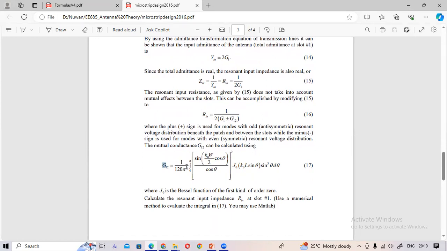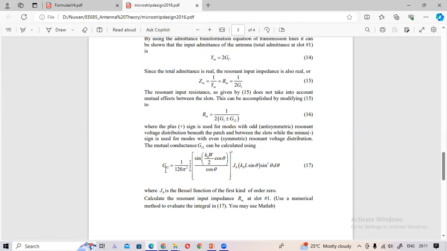To calculate G12, you can use this one. This is a Bessel function. This also you can directly code in MATLAB, very easy. If you have any problem, please ask me and I will help you.